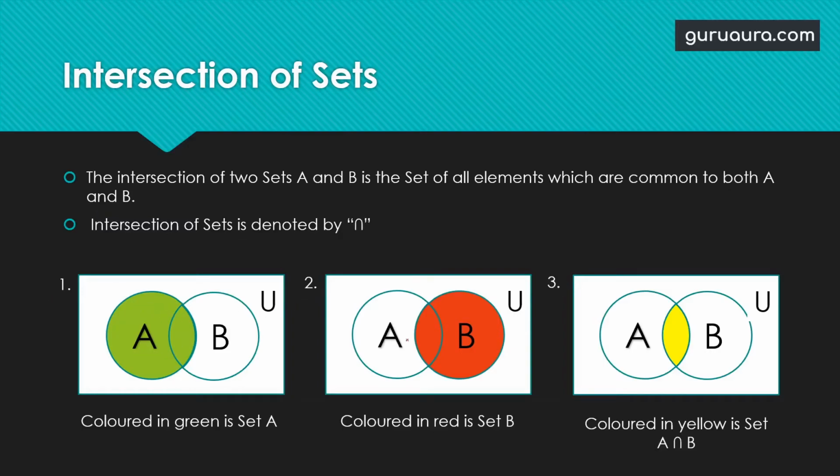Set B in figure 2 highlighted in red, and the intersection of set A and B highlighted in yellow in figure 3. The highlighted yellow area is the common element shared by set A and set B. The intersection of sets is denoted using this symbol.